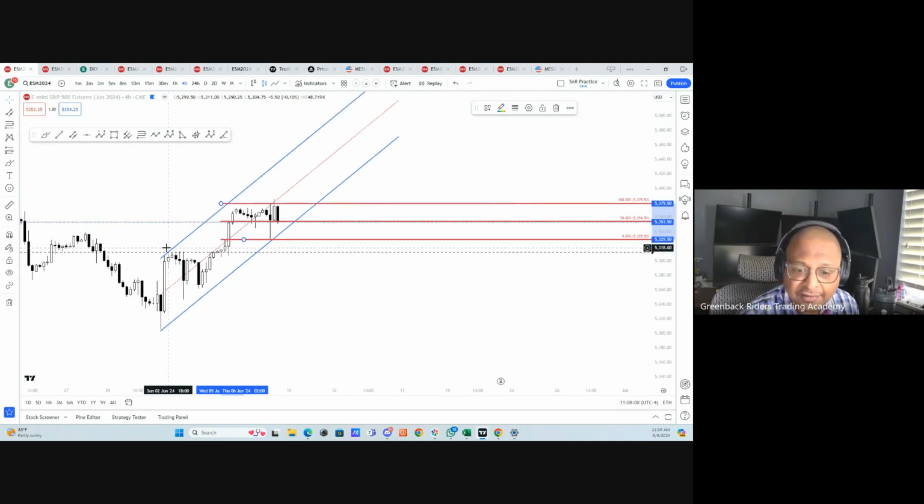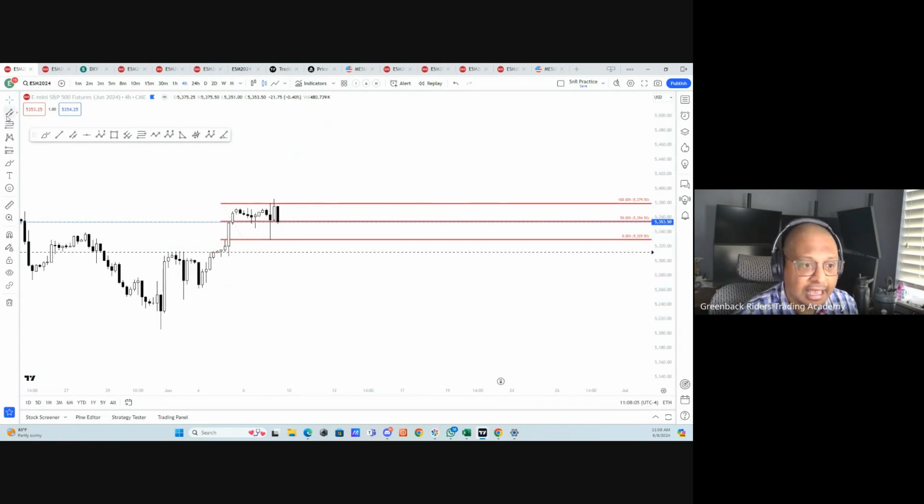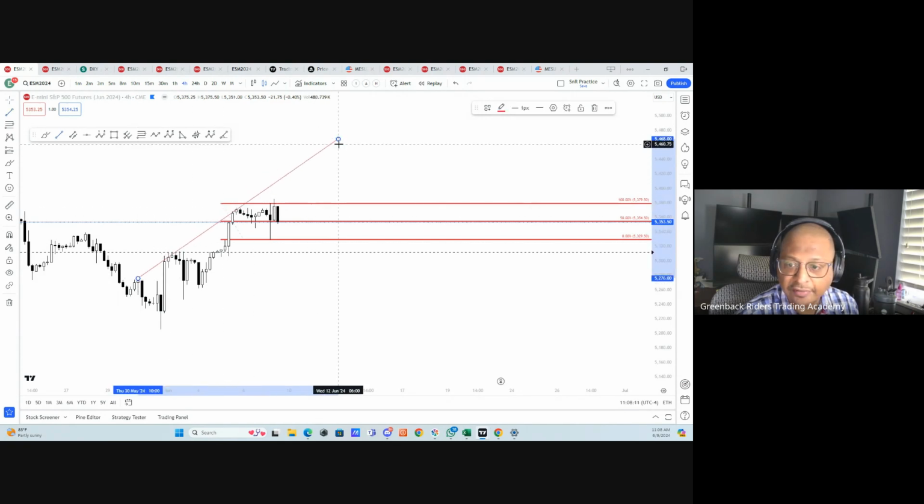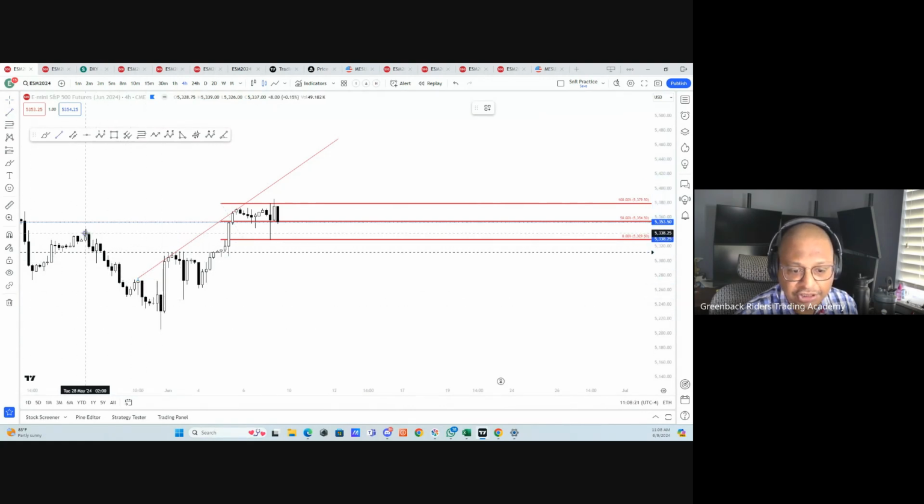However, even if we say that this is not a channel and this is actually a wedge getting formed, if we draw the wedge line from here, we see that we have one touch, two touches, three touches, right? However, this was a part of the downtrend. This was a part of the downward channel.